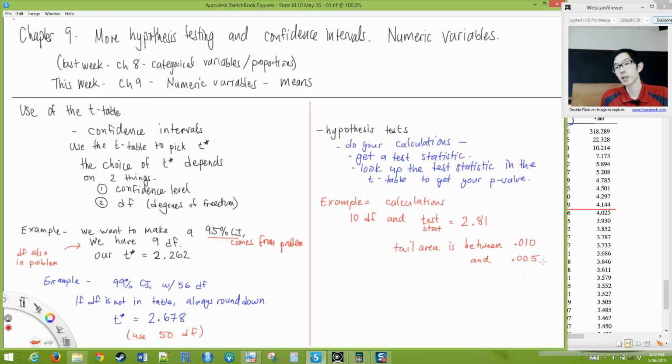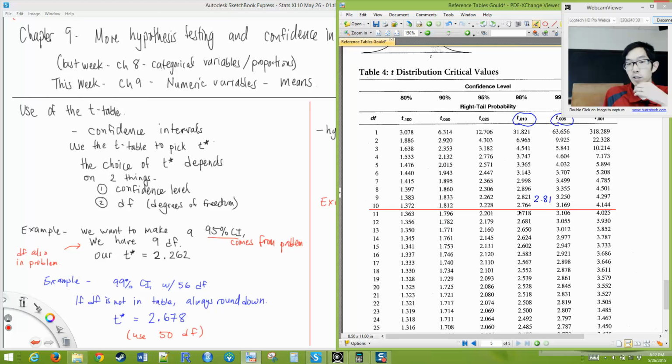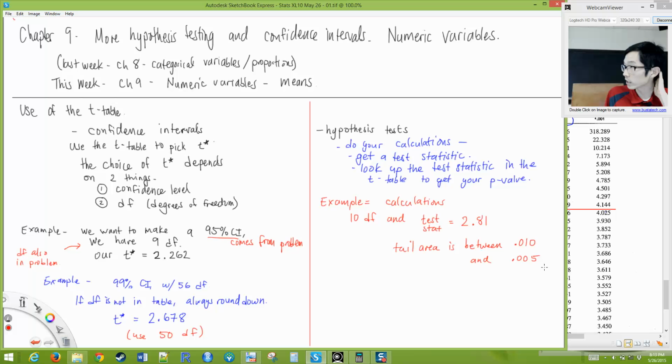Okay, so I'm just taking the column headings of the columns where 2.81 is in between. So 2.81 is in between these two columns, so I take those two column headings as kind of boundaries for my tail area. So we don't get a specific exact tail area. We just say my tail area is between 0.010 and 0.005. Or I can write it this way: my tail area is less than 0.010, but greater than 0.005.